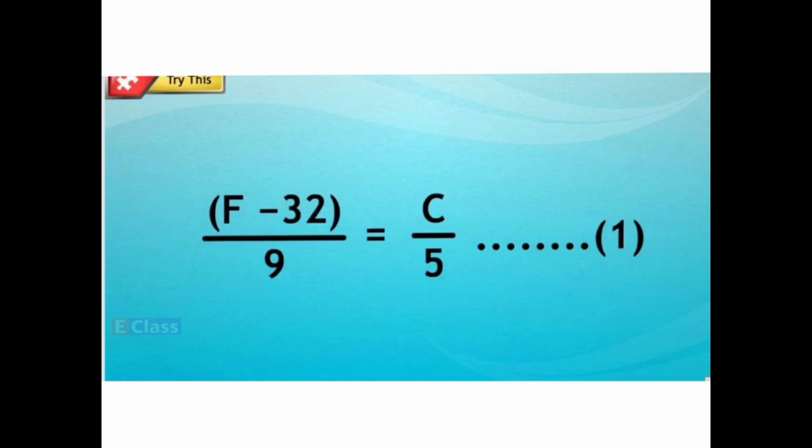See this equation: (F minus 32) upon 9 is equal to C upon 5. Remember this, children, the relation between the three units is as shown in the table.